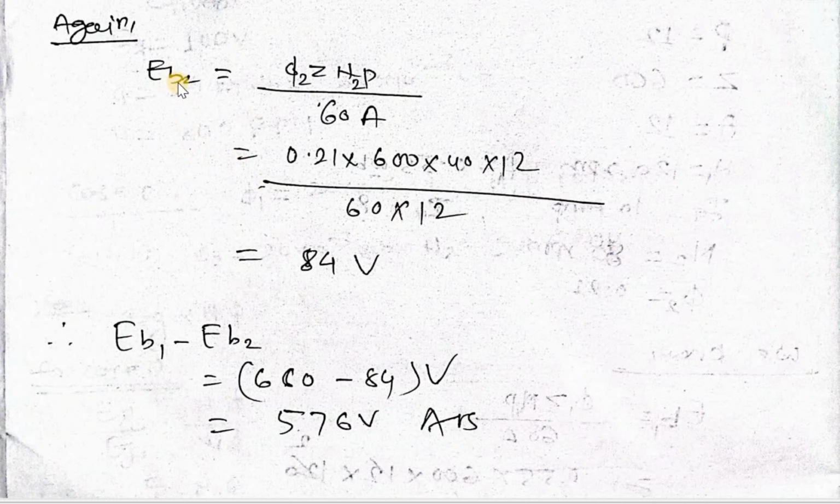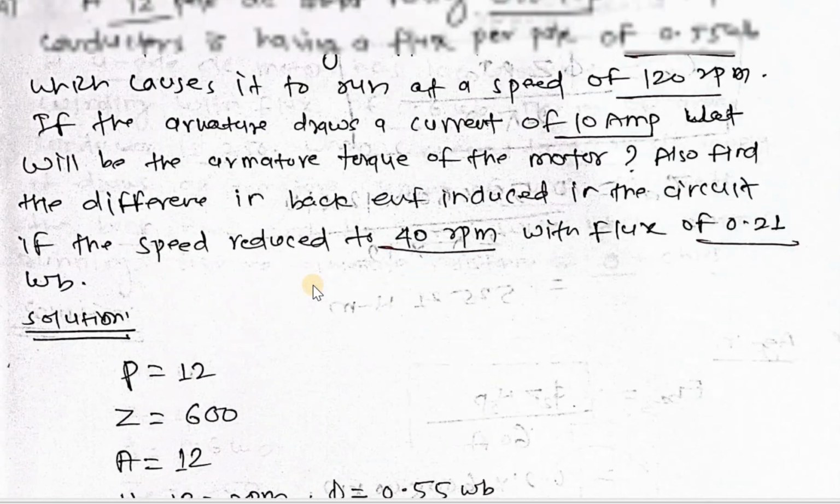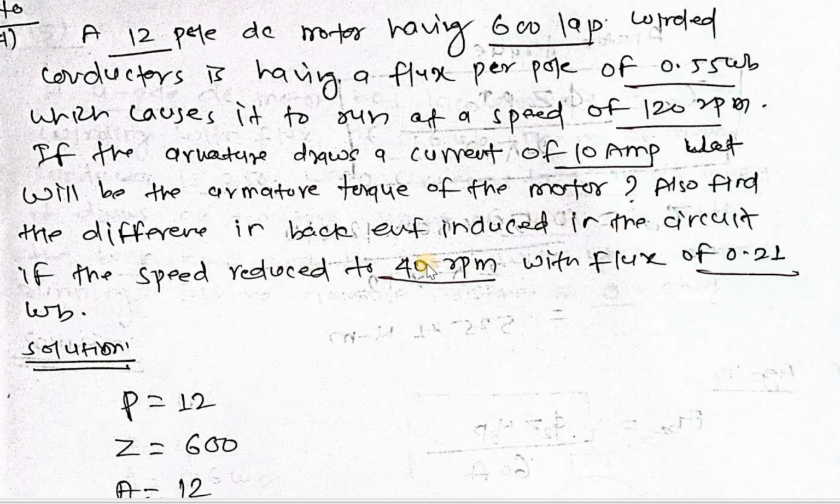And again, Eb2 equal to phi 2 Z N2 P upon 60A. Then I'll put all these values, you can get the value of Eb2. And the question also asks to find the difference in back EMF.